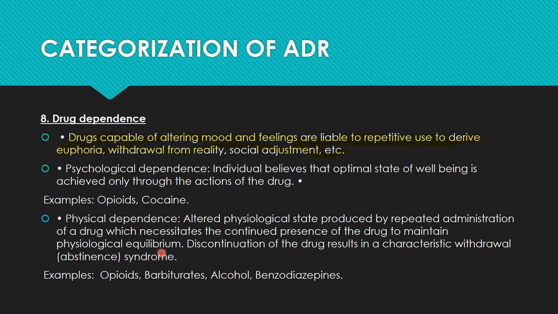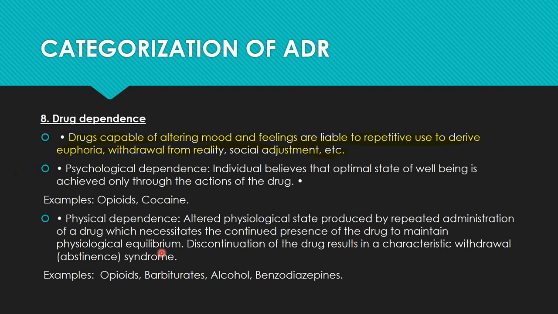It means the patient is so much physically as well as mentally dependent that on withdrawal of the drug, or when the dose or regimen is stopped, it causes a withdrawal syndrome or abstinence syndrome. So let's look forward. What are the drugs? Opioids, barbiturates, alcohol, a very good example, and benzodiazepines. Such types of drugs create dependence.